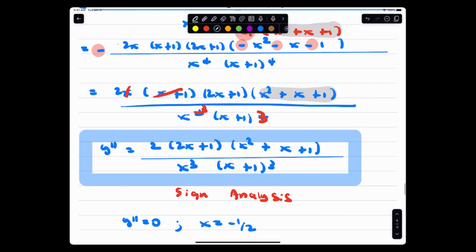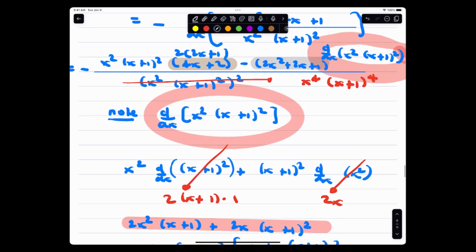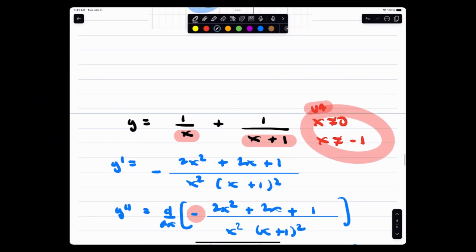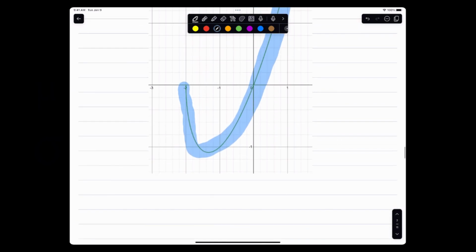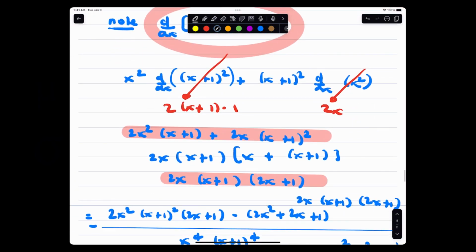So a lot of times students don't want to even think of what the domain is. See what I mean? This is an important thing. People don't care about the domain. They go, I don't care about the domain. And then they run into a lot of trouble and they don't know how to answer the question. So I think that's kind of the big deal for me. And then, hopefully we did everything right.